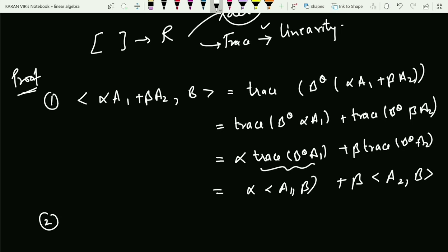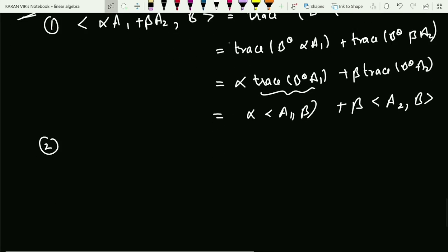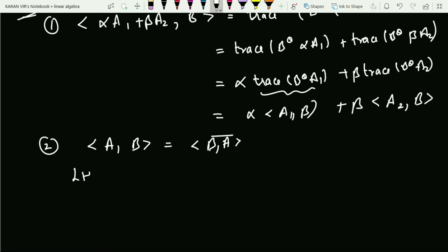Now let us check the second property. If I take the inner product of A comma B, this should come out equal to the conjugate of the inner product of B comma A. So let me take the left hand side, which is the inner product of A comma B. What is the definition?